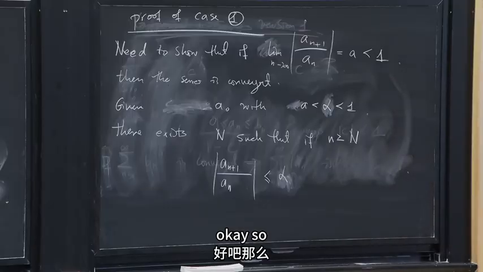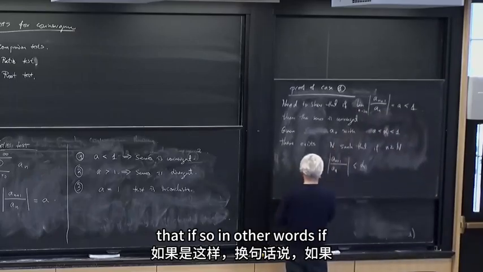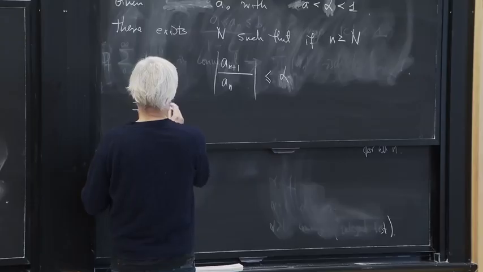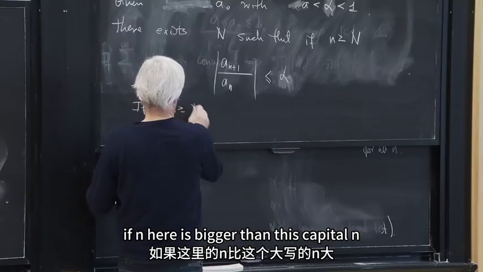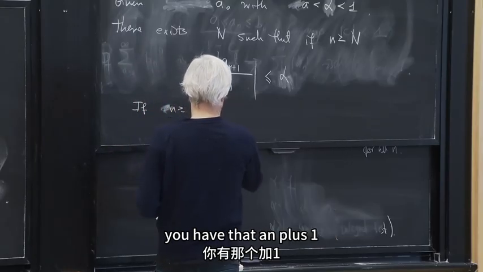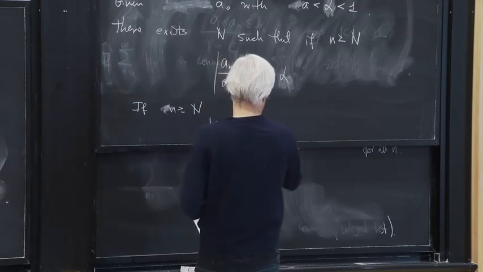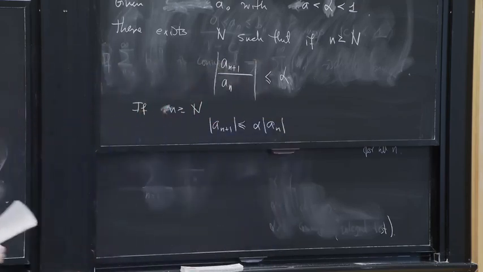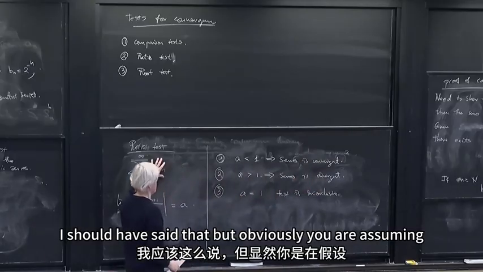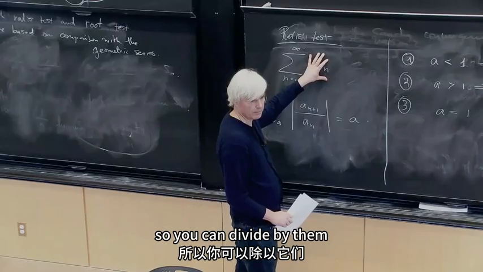So you see that in other words, if n is bigger than this capital N, then multiplying over, you have that a_{n+1} is less than alpha times a_n. In the ratio test, I should have said that obviously you are assuming that these a_n are not 0, so you can divide by them.